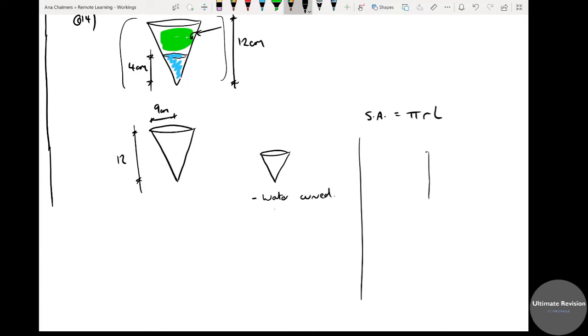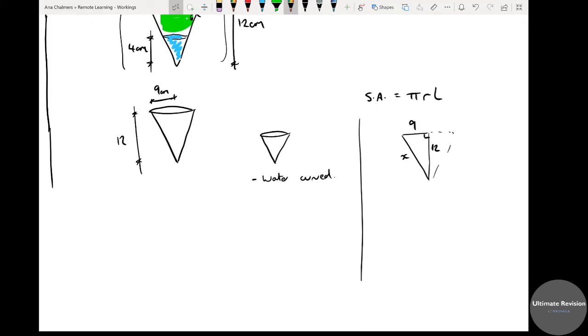If I split that in half, I know that the height is 12, I know the radius is 9, so I can get l, the slanted height, by using Pythagoras. So x squared is equal to 9 squared plus 12 squared. x turns out to be, you can work this out for yourself, 15. So I know that the slanted height of the big cone is 15.